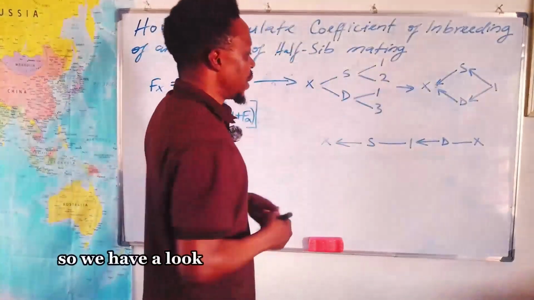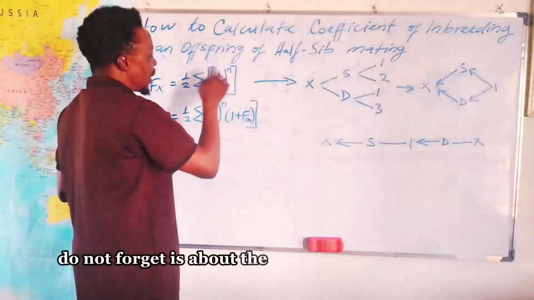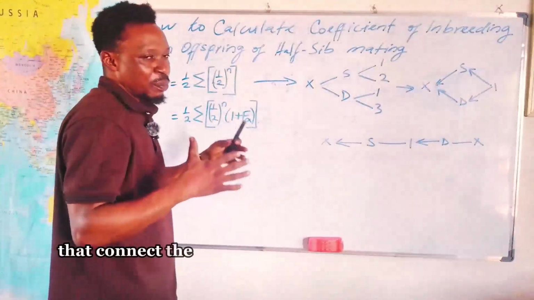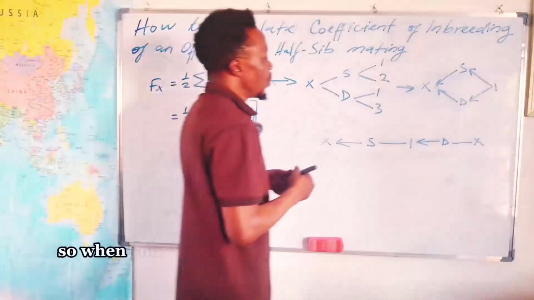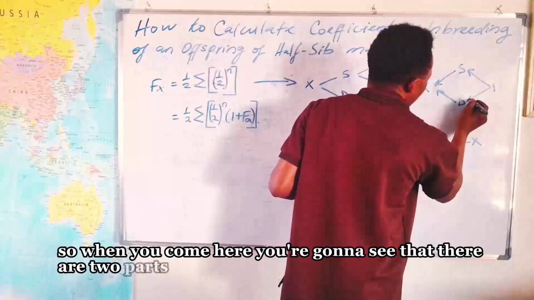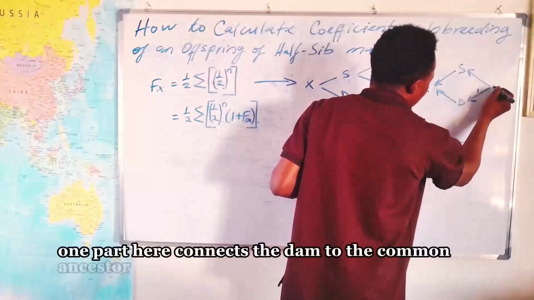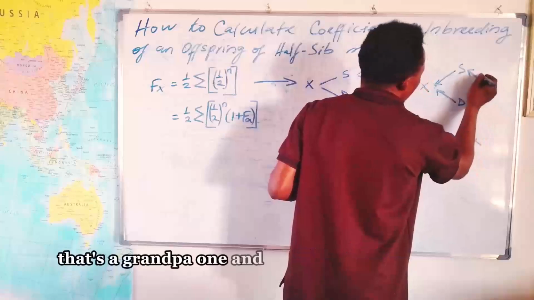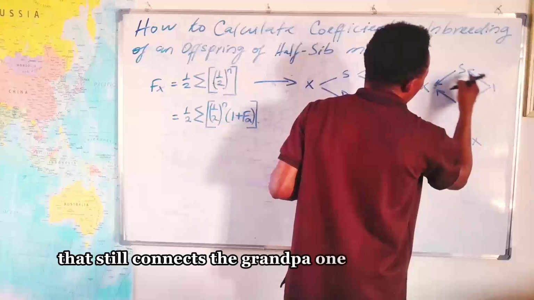So we have a loop there. This N, do not forget, is the number of pathways that connect the parents of the offspring X to the common ancestor. When you come here, you're going to see that there are two parts. One part connects the dam to the common ancestor, grandpa 1, and another part connects grandpa 1 to the sire.